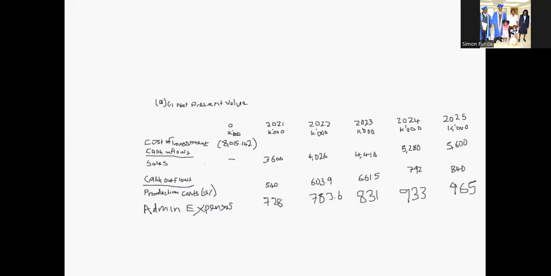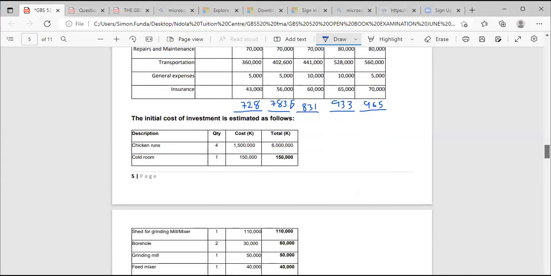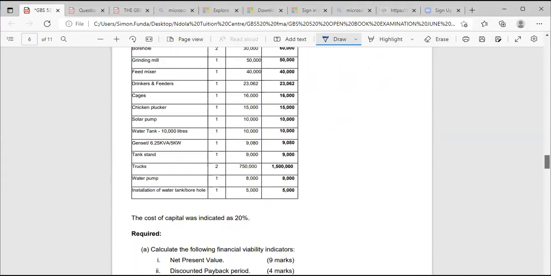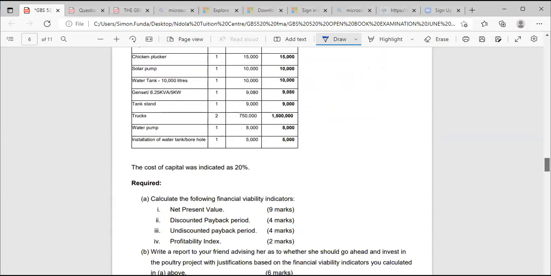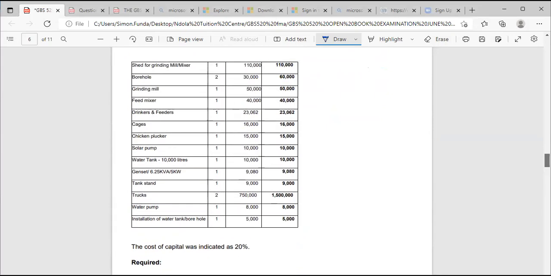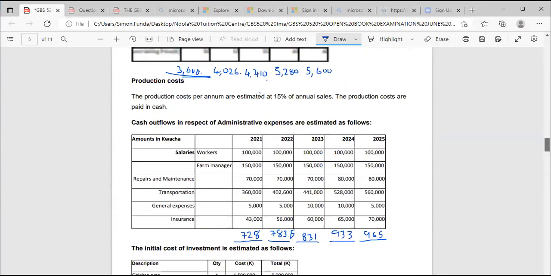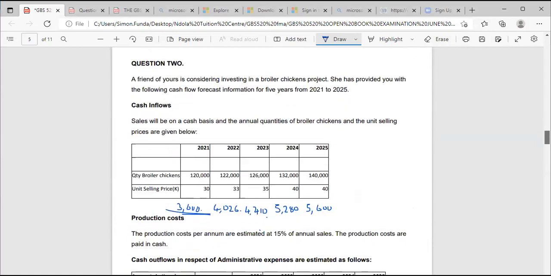We have other expenses apart from what we have done. So these are the expenses in this project.